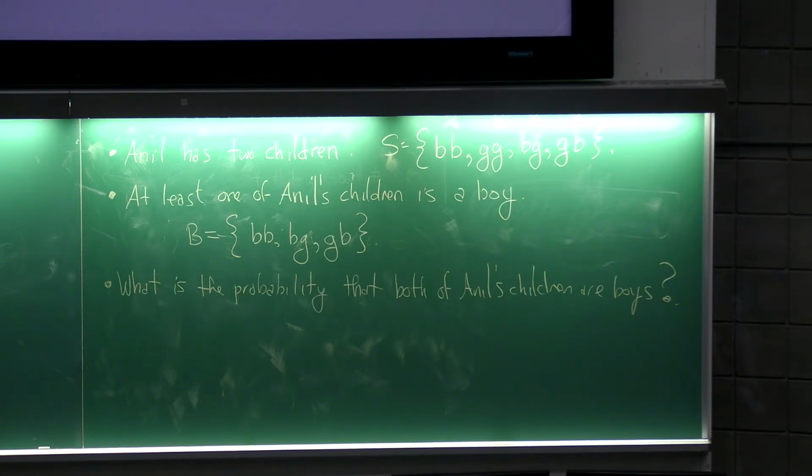Not the product. So if it was the product of the 2, then it would be 1/2 times 1/2, 1/4. But at least if you don't reason too carefully, you think, well, yeah, you told me the sex of one child, and now you're asking me about the sex of the other child. That should be 1/2, right? I mean, that other child is equally likely to be a boy or a girl. That intuition is wrong.